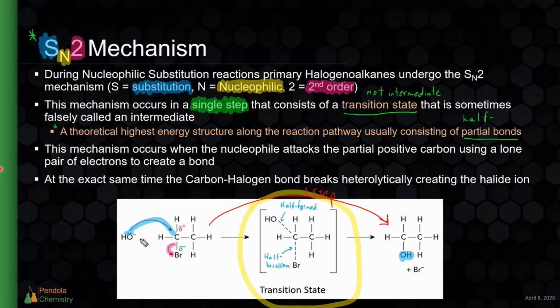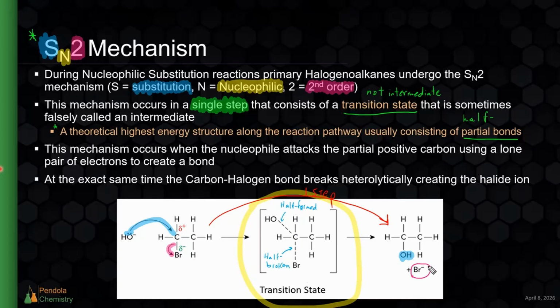What ends up happening is that the hydroxide gets attached to the carbon and forms this alcohol, which we saw in the earlier section. And then the bromine, which broke off heterolytically and took both electrons, is going to create our Br minus ion, our bromide ion.